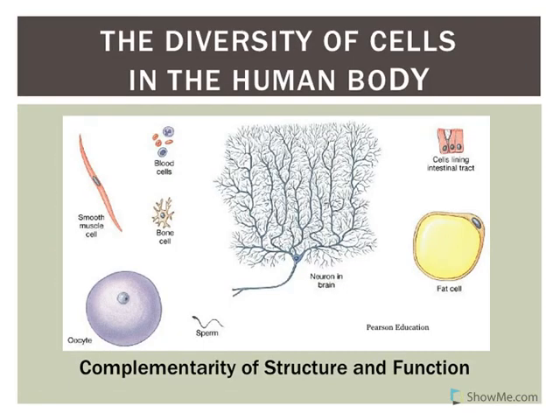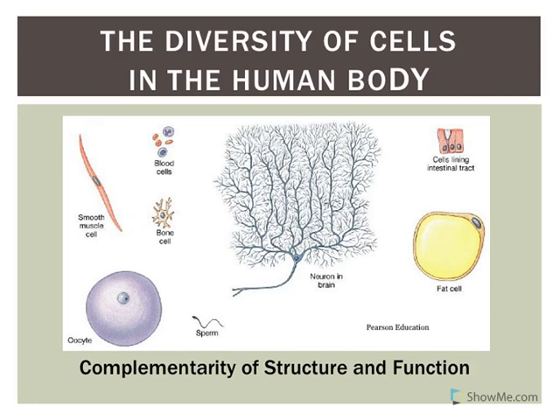But what I want to talk about first is to show you that not every cell in your body looks the same. The concept of complementarity of structure and function is well illustrated when we look at the different cells in your body. You have cells that are specialized to do certain things. They vary by their shape, their size, their function.